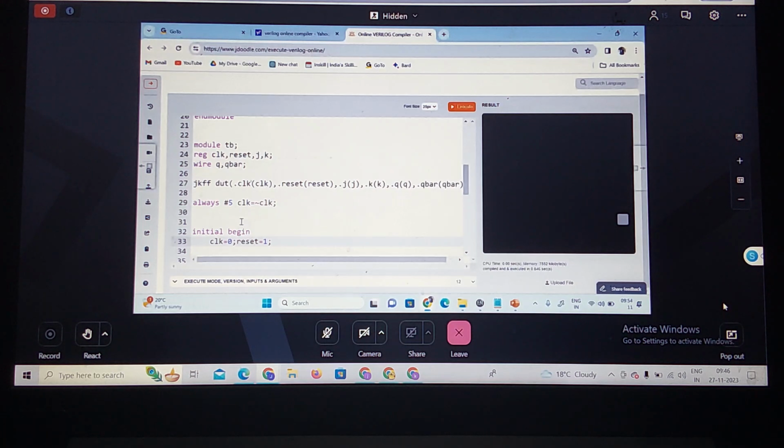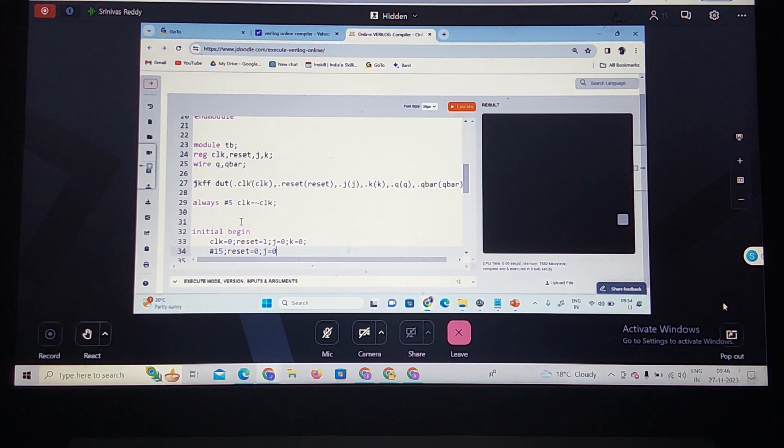Okay. Then what do I need to do? So let us take J is equal to 0, correct? Then K is equal to 0. So let me give the timestamp. Okay, so let us give at 15. At 15, what do I want to do? Reset is equal to 0.